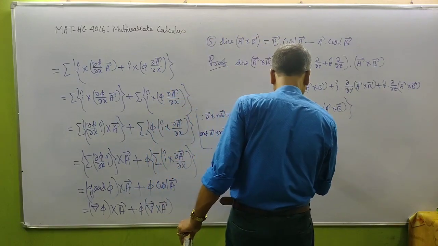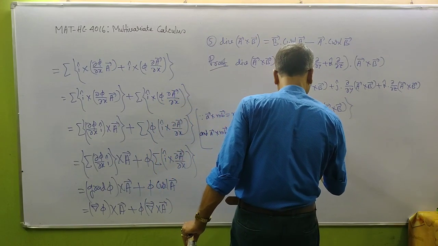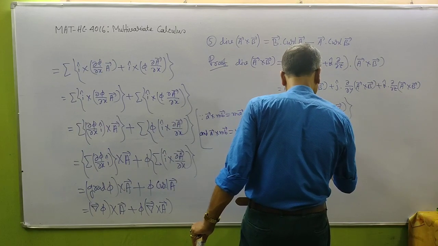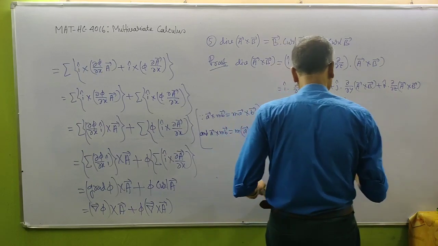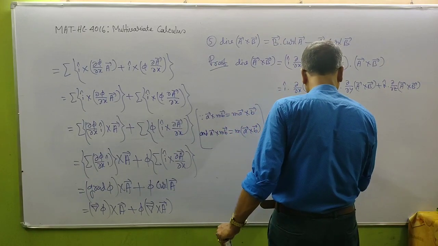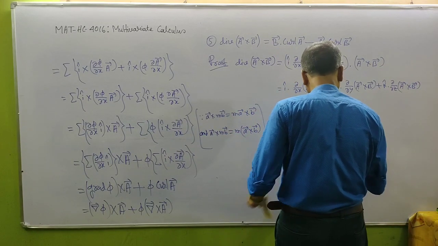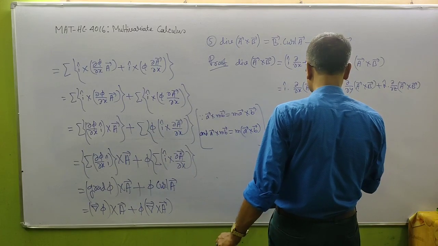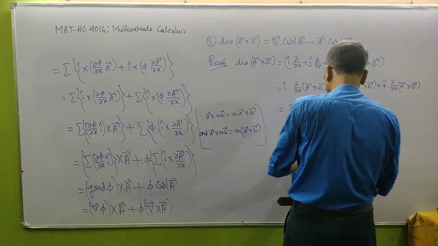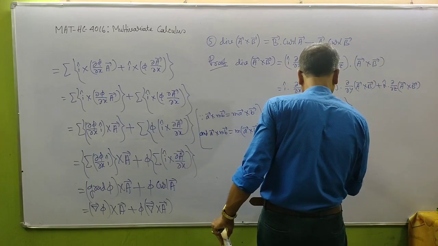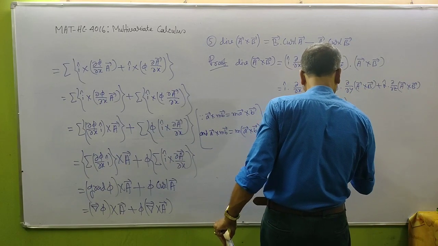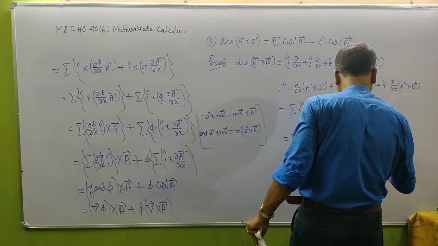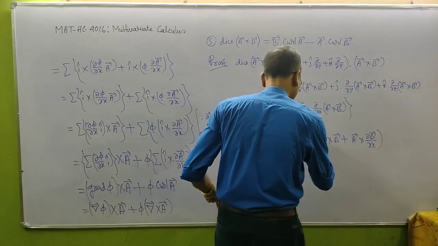This is equal to i cap dot, you may write A cross del B by del x, plus del A by del x cross B. You may write like this.